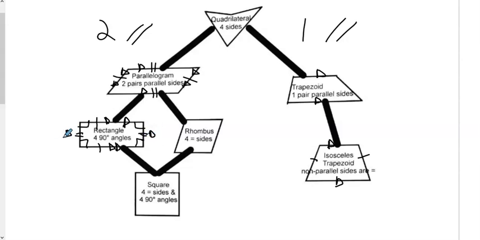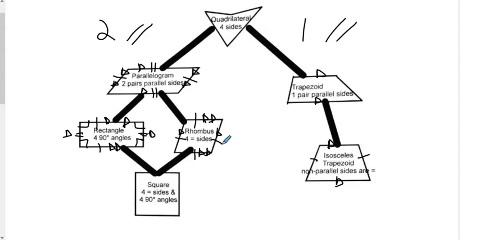Those are opposite sides. Now the rhombus, still underneath parallelogram, so we know the opposite sides are parallel. That's important. We also know the four sides are all equal. Same size, same measurement.